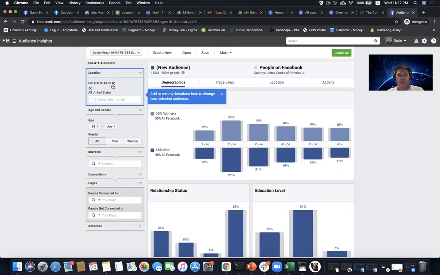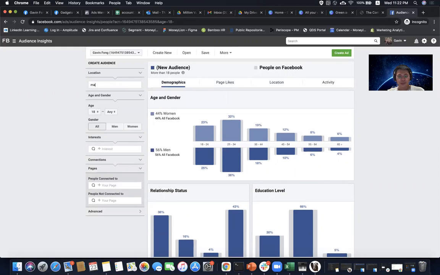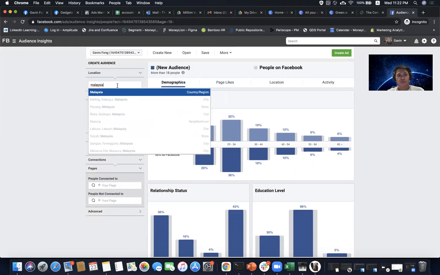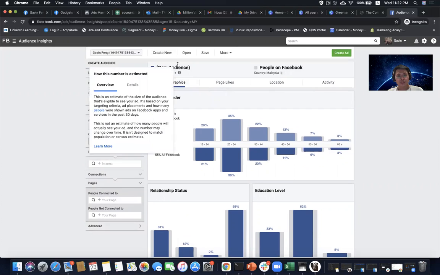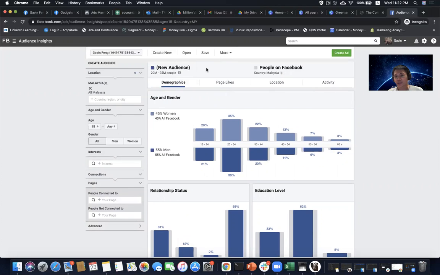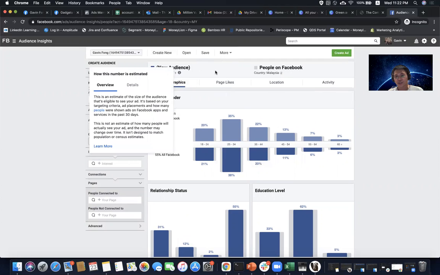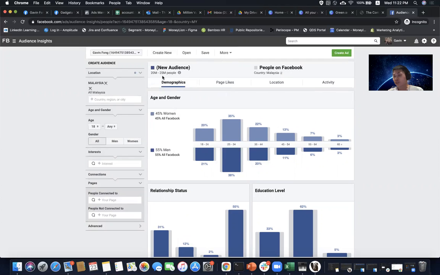So what we can do here is, okay, let's say this ad is to be shown to Malaysians. This is the population that is available on Facebook in Malaysia. We have about 20 to 25 million people.